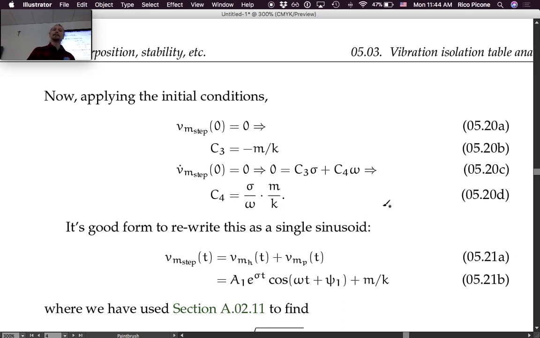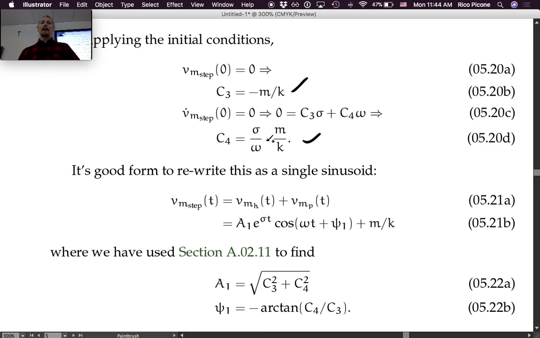So now, applying the initial conditions, VM of 0 equals 0, and VM dot of 0 equals 0 again, we have C3 and C4 solved for, in terms of parameters that we know. It's good form to rewrite it as a single sinusoid.